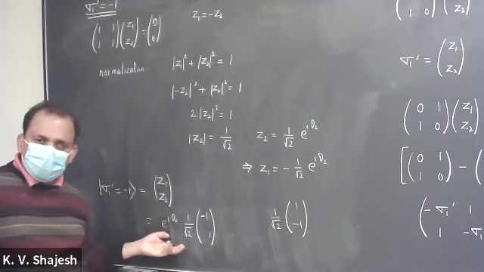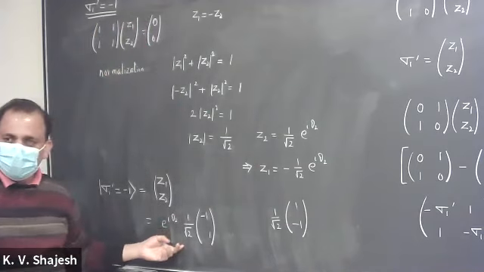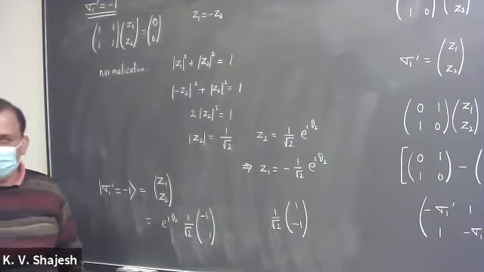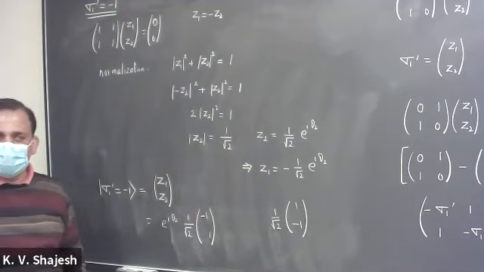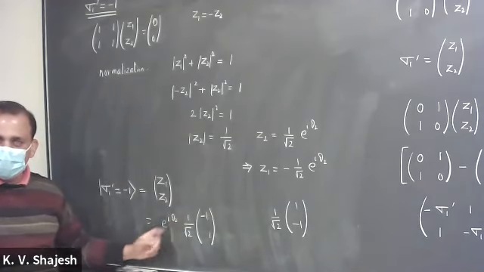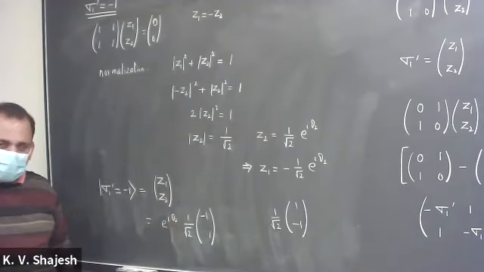But what about this? We said it is minus 1, 1. There can be more than one eigenvector, but they should be off by a phase. So what's the point?